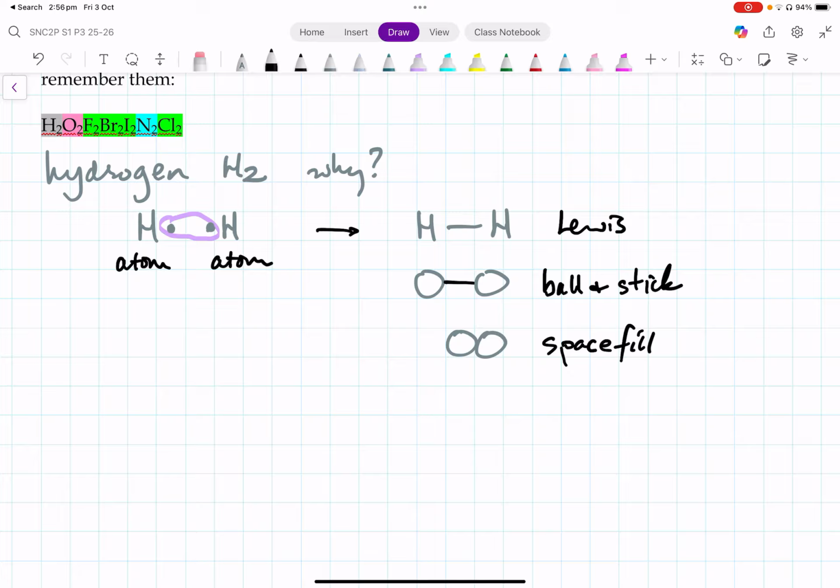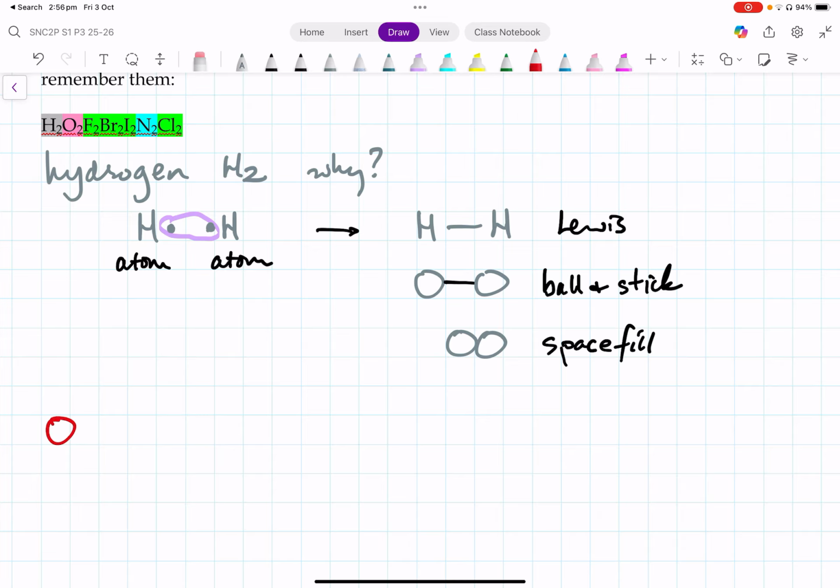Ball and stick's good because it shows us the bond. And those are the same ones, the ones we can click together in class. However, in reality, space fill is closer to what really happens because the shells of the atoms merge, they fuse into one particle, and that's why it's called a molecule. So that's hydrogen.